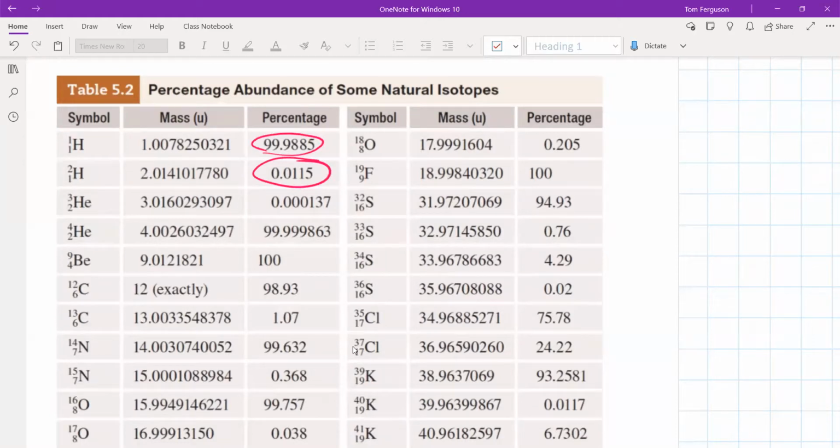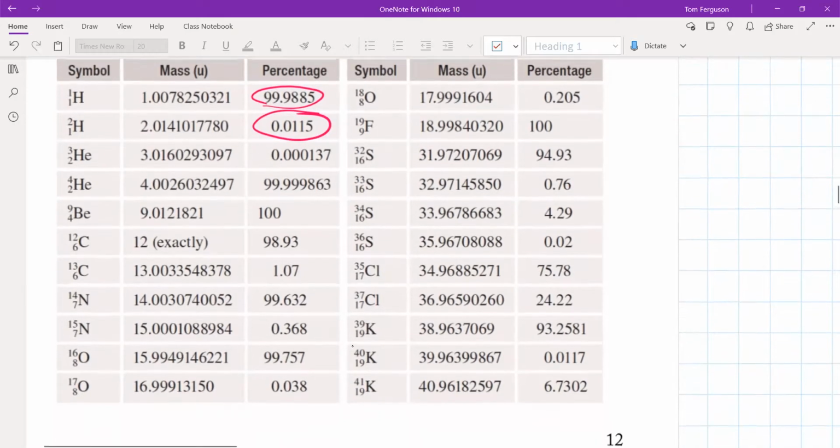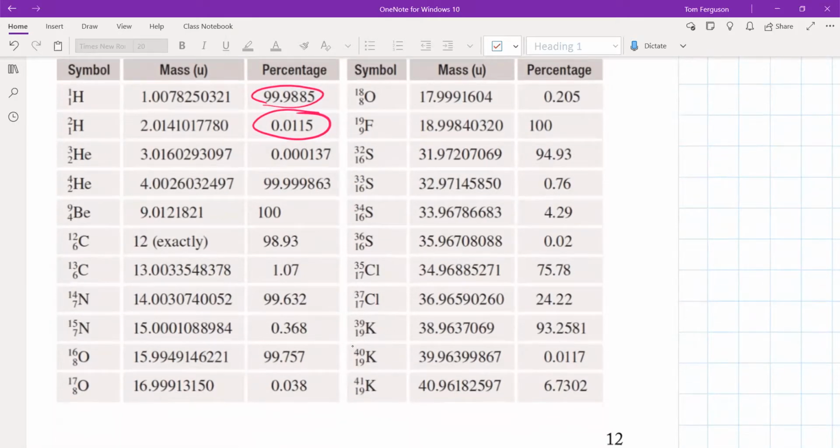There's not a lot of hydrogen running around with one neutron in it. Now, these are percentages. Look at helium, different kinds of helium again.